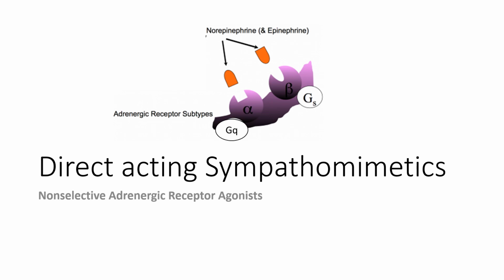Speaking of epinephrine and norepinephrine, keep in mind that they are non-selective, meaning that they can act on both alpha and beta receptors. They are also catecholamines, which means that their main route of administration is by injection.